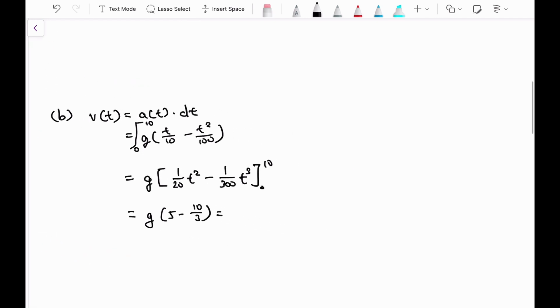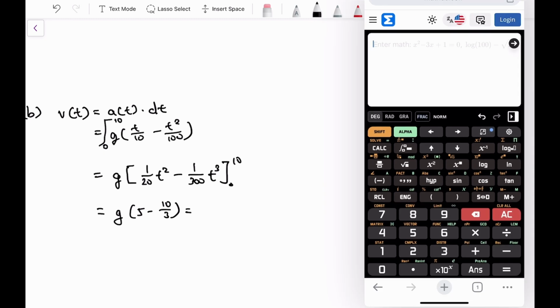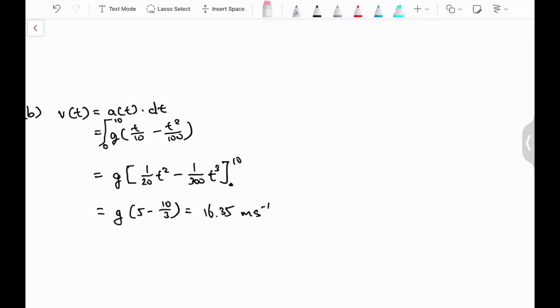And then this is around 9.81 times 5 minus 10 over 3, which is equal to 16.35. And this will be equal to the speed of the elevator after 10 seconds. This is the answer to the second part.